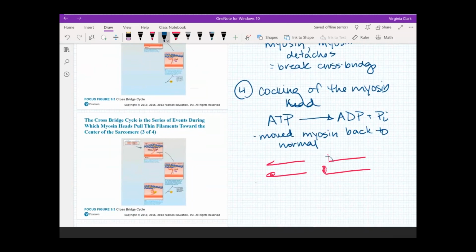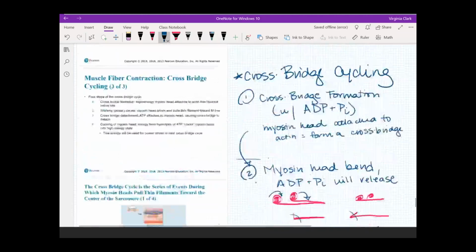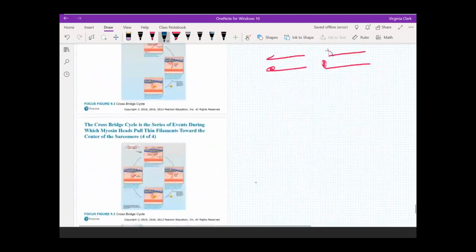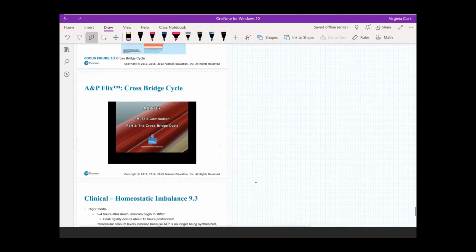So when we do it like this, and we've got our ADP and our phosphate, we are back at step 1. So cross bridge cycling is the key word. It is a cycle. So you're going to go through all 4 steps.